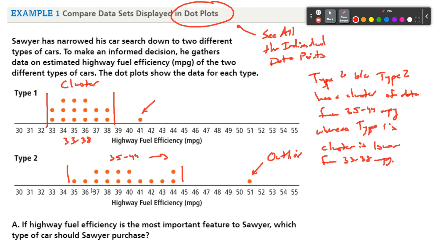And again, the state test does not make you type things out, but this could be like a multiple choice question, right? Talking about clusters. And again, just reading a graph.